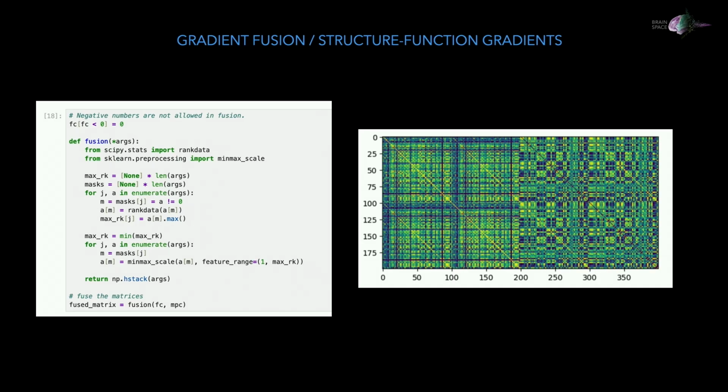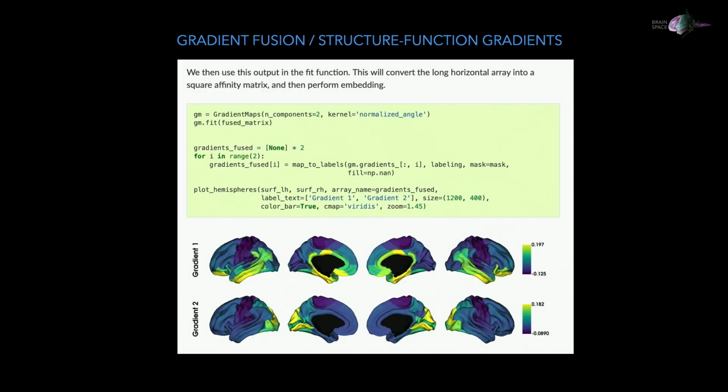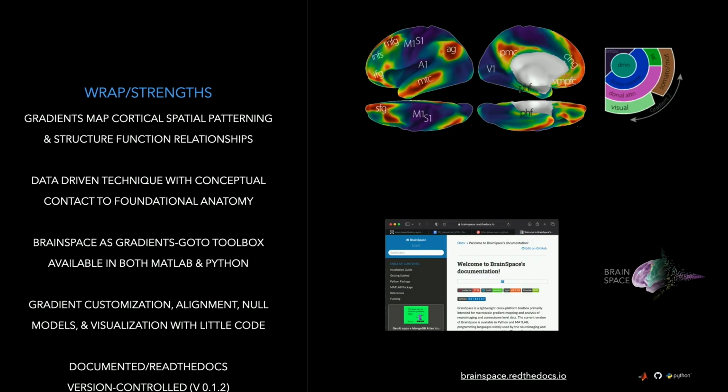And then we can concatenate these matrices. Here we do a vertical concatenation of them, and then we can derive the gradients from them. And here we get this joint structure function gradient. So you can do different things: you can derive the gradients independently for the different modalities and then compare them, or you can derive a gradient from two modalities at the same time.